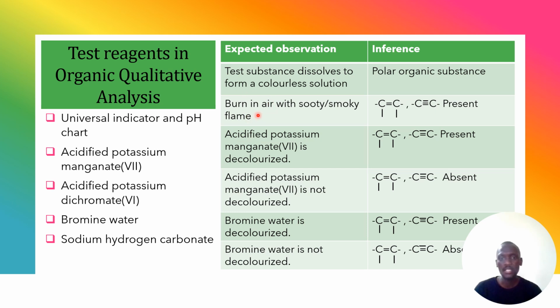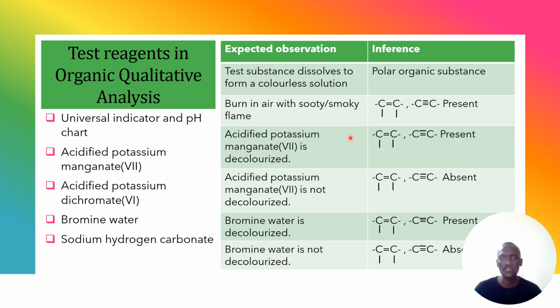If the substance burns with a sooty or smoky flame, then the student is expected to infer the double bond or triple bond, the unsaturation, and the student should ensure that the part of the flame used is the blue non-luminous flame so that the student cannot mistake the observation.